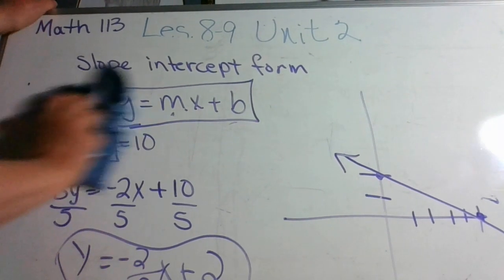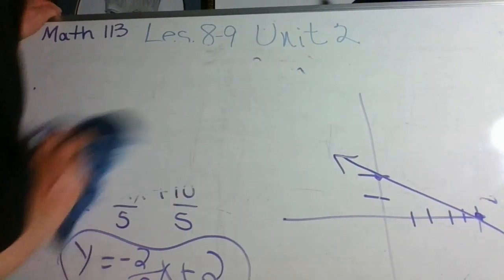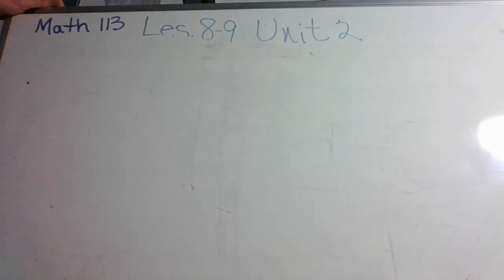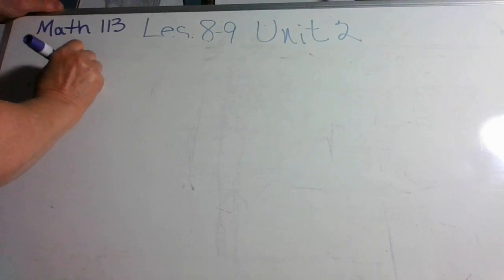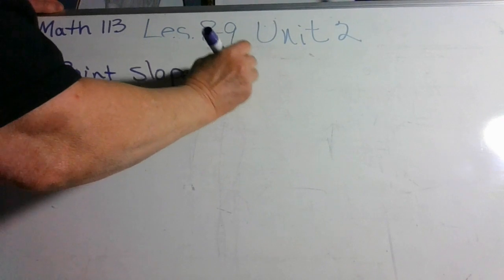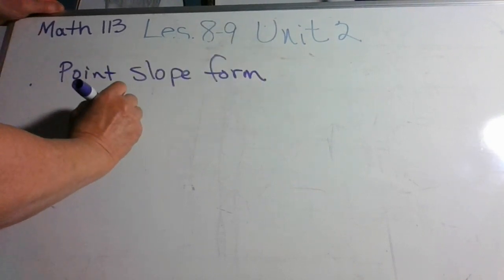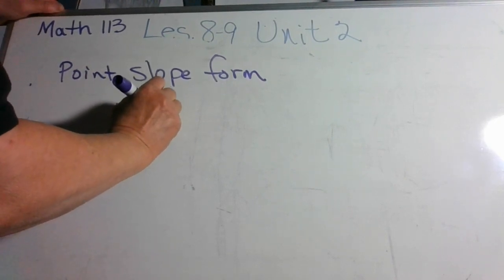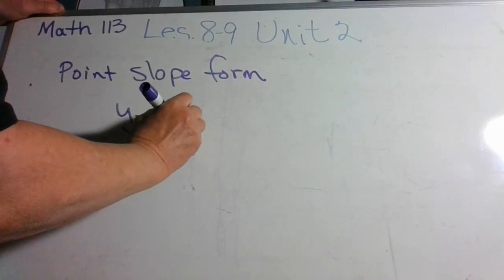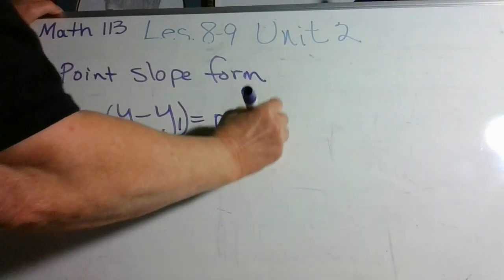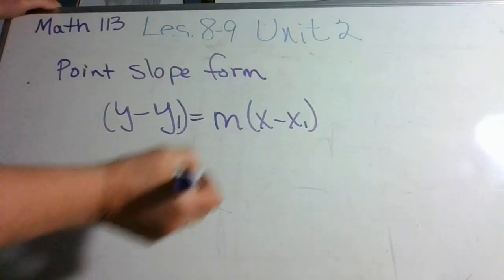I do need to go over another little formula for you to be able to do number 5 on your homework, and it's called the point slope formula. What it says is y minus y1 equals m times x minus x1.